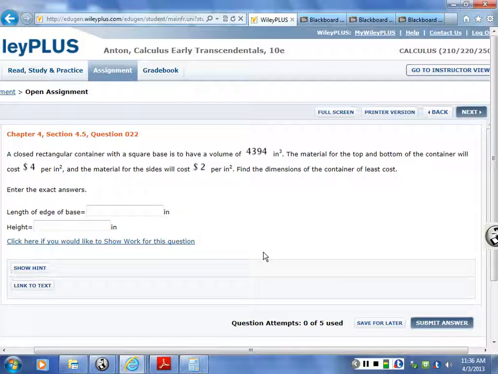And we also write down the formulas that we know. We know that the volume of this container has to be 4,394. And it costs me the top and bottom are $4 per square inch, and the sides are $2 per square inch.